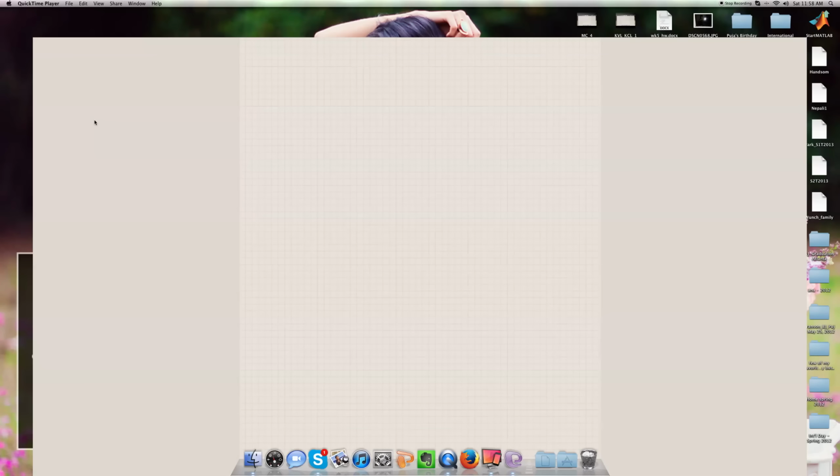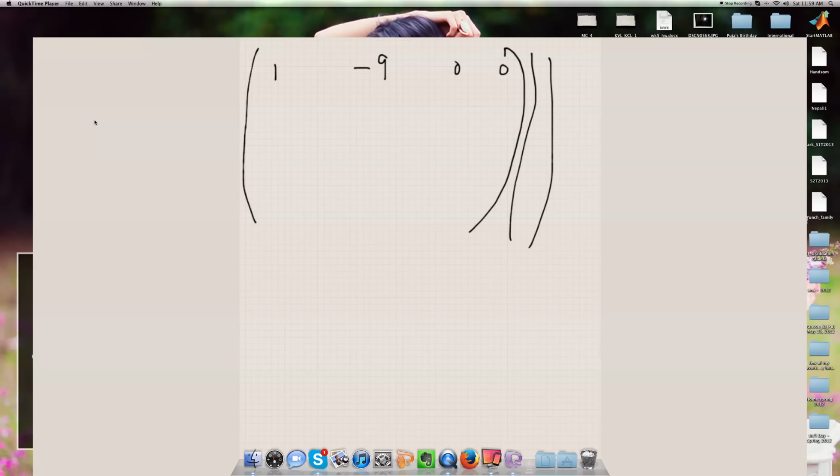So we got all these 4 equations, so the matrix is coming up here. Let me write this. 1, minus 9, 0, 0. Too much crowded here. Let's be careful, folks. A lot of things to fit in here. This is V sub 1 and V sub 2 and V sub 3 and V sub 4.